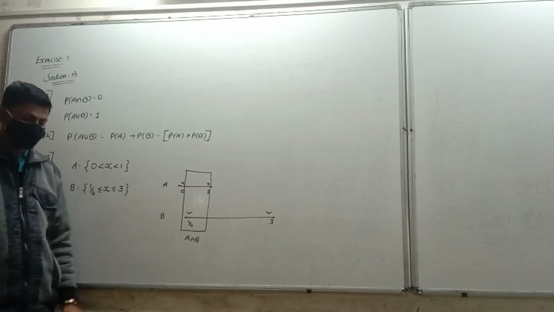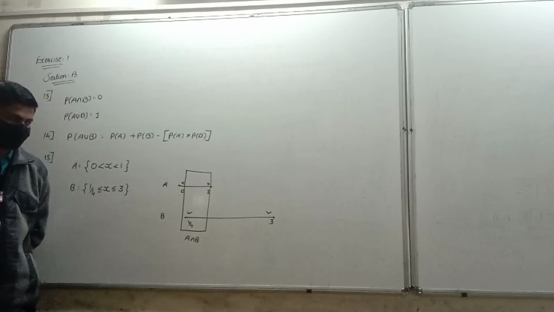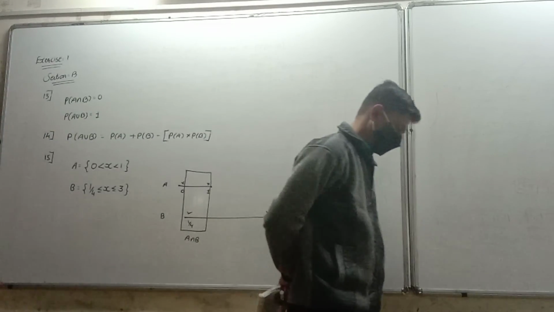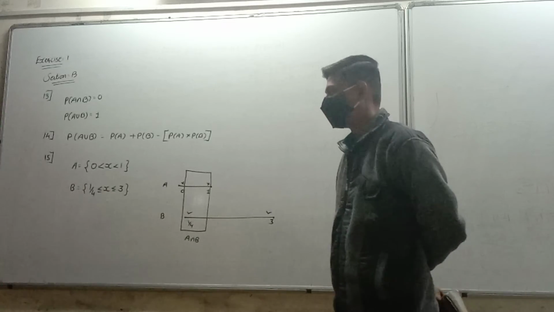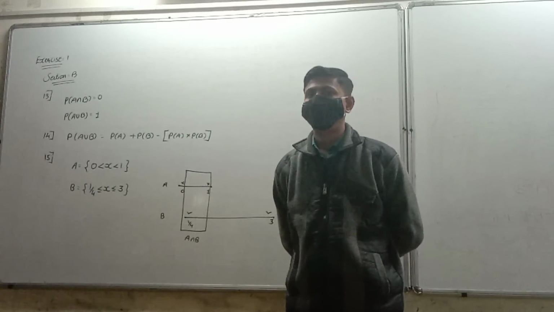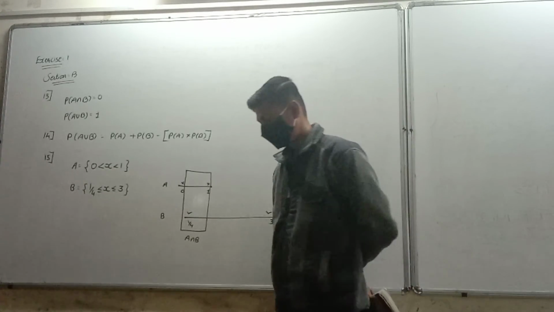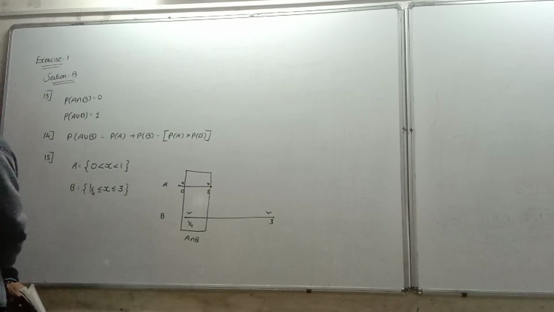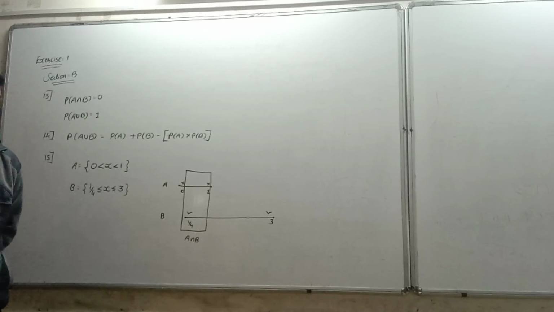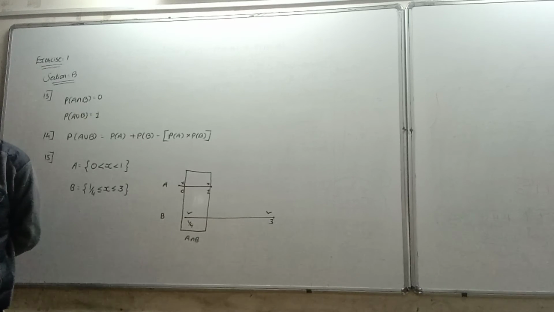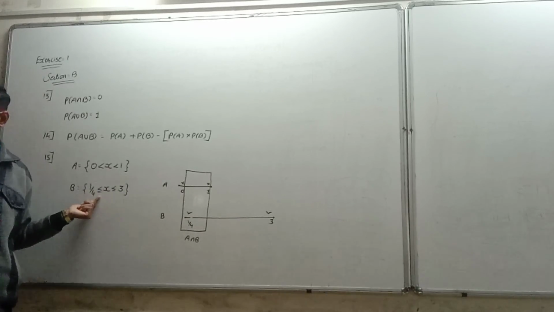Tell me the answer of the intersection. I have also drawn the diagram. 1 and 1/4 is wrong. Event A, 1/4 including or not including? Including. Event B, 1/4 including or not including? Including, because in event B less than or equal to, 1/4 is including.